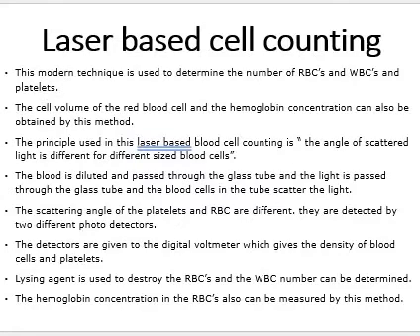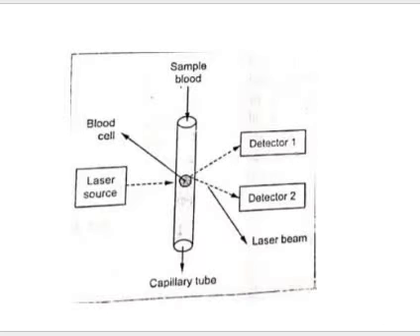So this is the method of laser based counting. Here is the laser source, and this is the blood sample we are allowing through, and there are two detectors. The laser light falls on the blood cell and is deflected to detector 1 and detector 2.